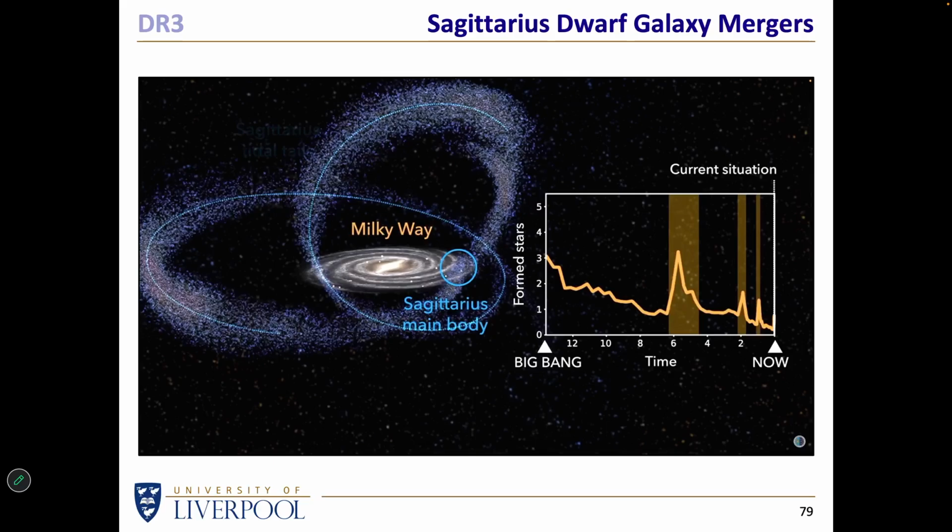Whenever you have two galaxies that encounter each other, we've seen this with other galaxy collisions, you tend to get a riot of new star formation because one perturbs the other. The hydrogen clouds in one get perturbed and start to collapse and produce new stars. So there was a new set of star formation about 5 to 6 billion years ago because of Sagittarius.